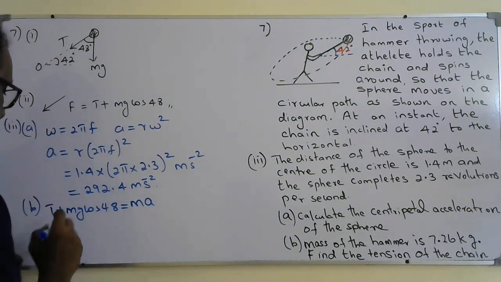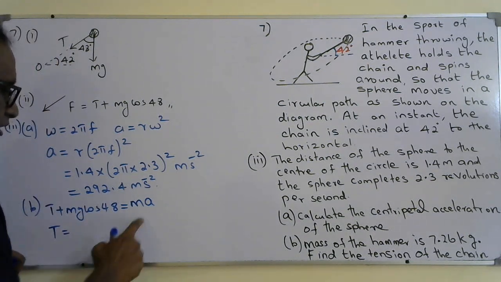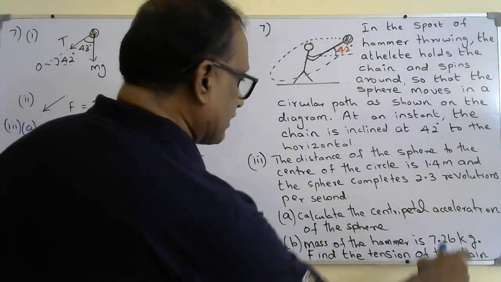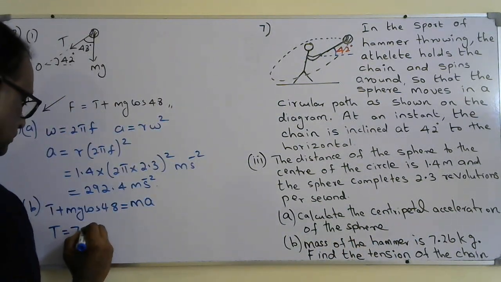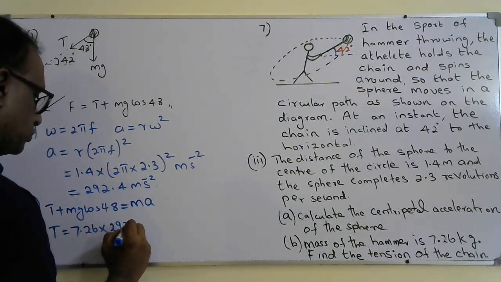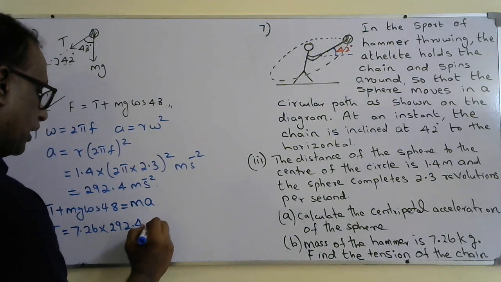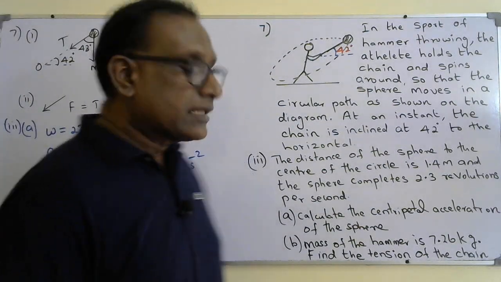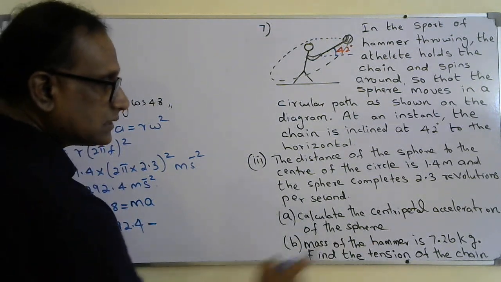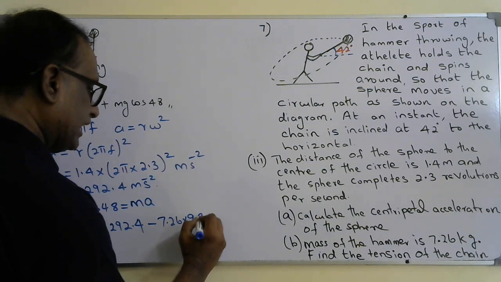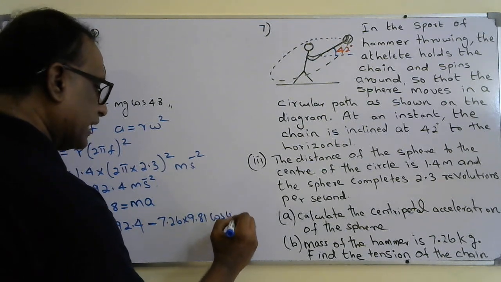So I need to find T. T is equal to ma, where the mass of the hammer is 7.26, times the centripetal acceleration 292.4, minus, when I take mg cos 48 to the right side, it becomes minus 7.26 times 9.81 times cos 48.